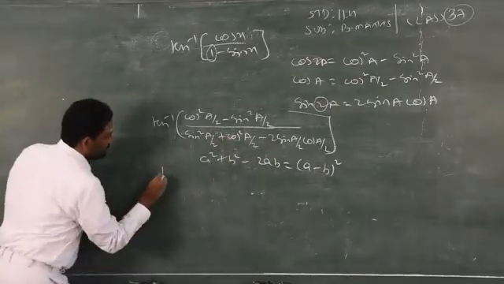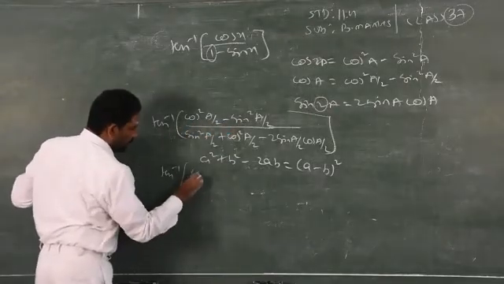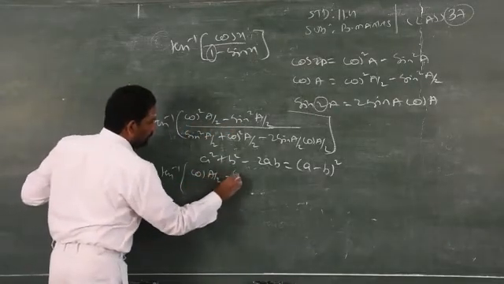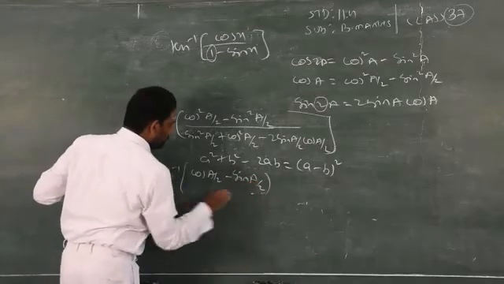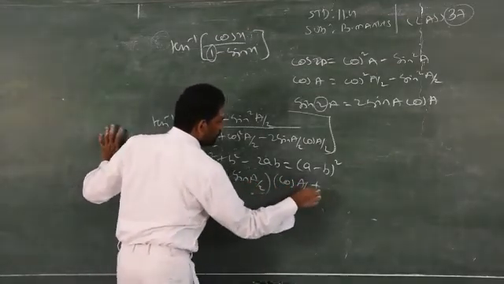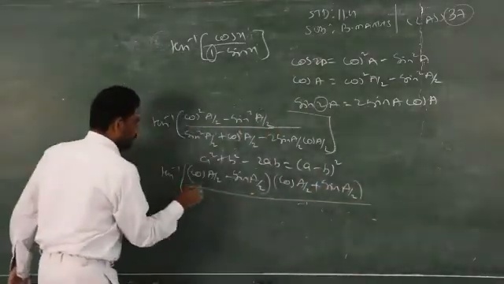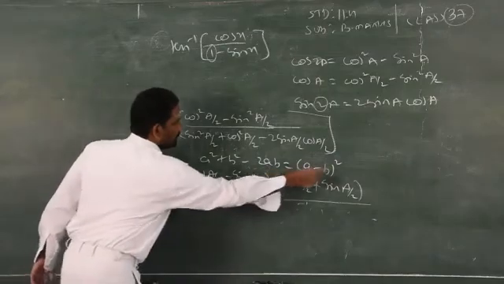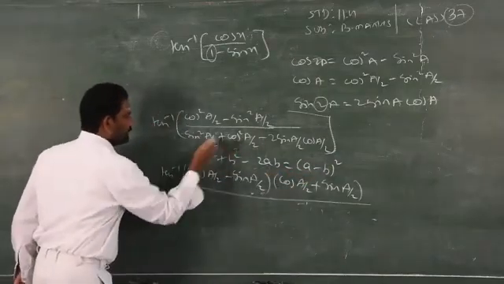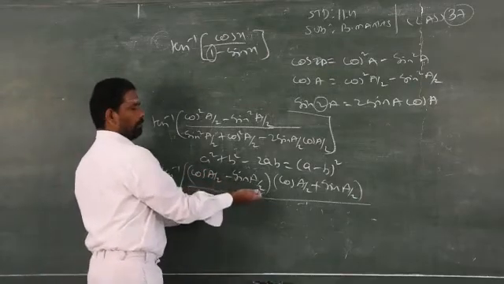So what will be the answer? Tan inverse of this is a square minus b square formula, cos a by 2 minus sin a by 2 into cos a by 2 plus sin a by 2 over a minus b the whole square. I am interchanging these two terms for my convenience because the numerator is given as cos a minus sin a.